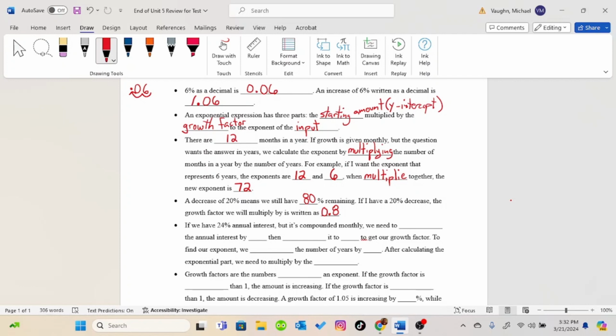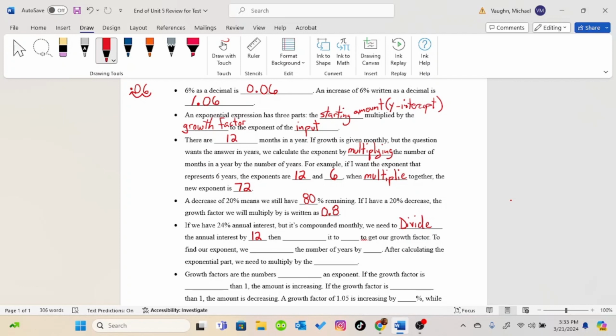Next, if we have 24% annual interest, but it's compounded monthly, we need to blank the annual interest by blank. What we need to do is divide the annual interest by 12, because there are 12 months in a year, then blank it to blank to get our growth factor.